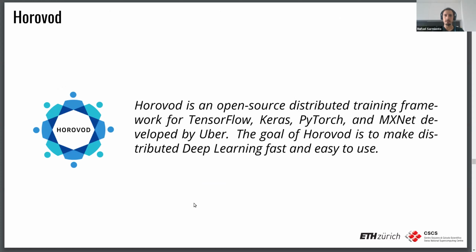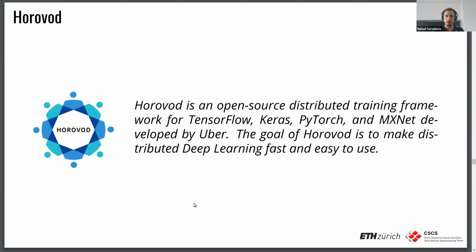We would like to start with Horovod because, compared to the native distribution of TensorFlow, Horovod is more transparent, and pedagogically I think it's better to start with Horovod because you will do all the steps that you need. You will write it yourself, and it's easy to learn what we are doing.